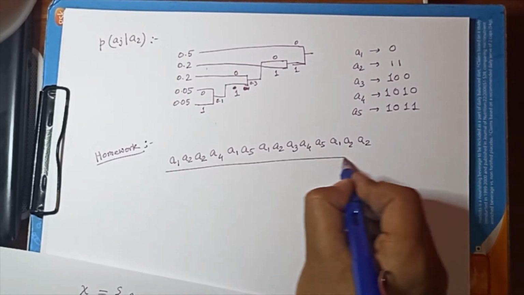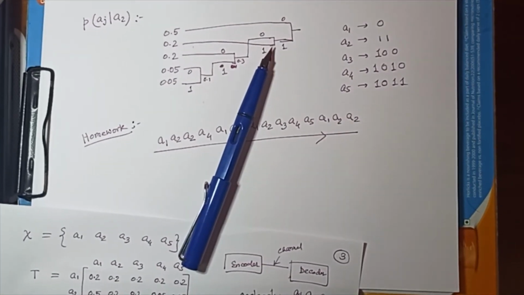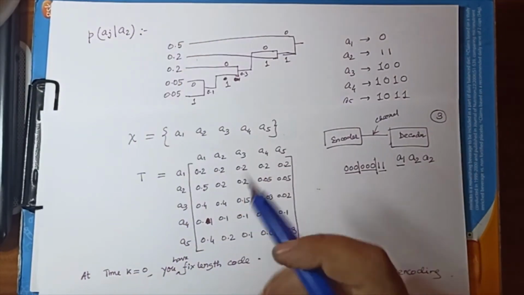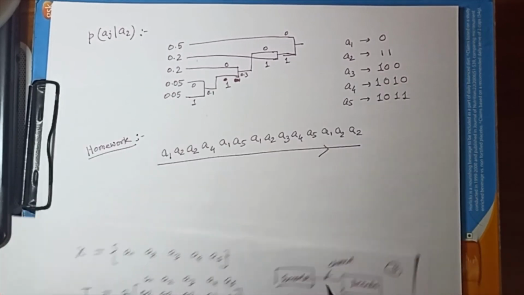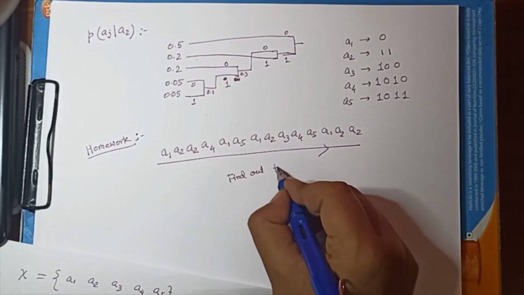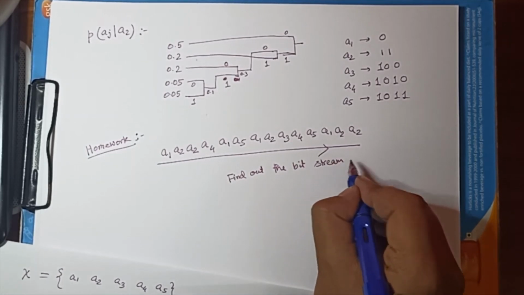So this is the sequence, suppose, which has arrived out of the Markov chain. So you using the Huffman encoding, you generate that Huffman code for all the rows, and you find out the bit stream for the given Markov chain.